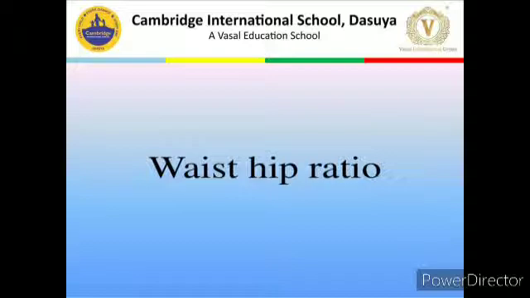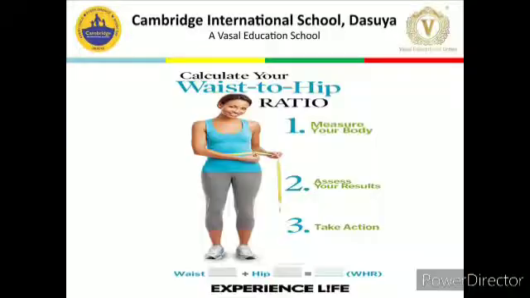Waist hip ratio is used to determine all these risks. So this is how we calculate it and what waist hip ratio is, and why we should calculate it, I told you. Now we will come to the next page regarding why we are using that.